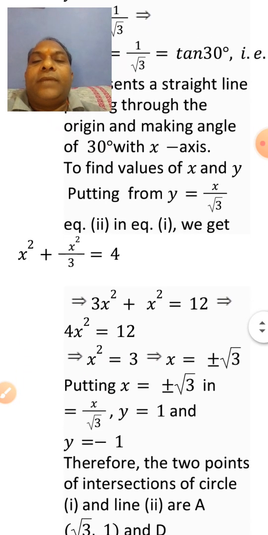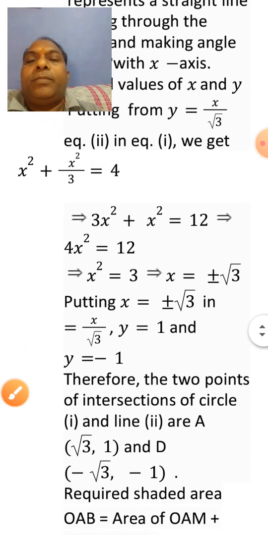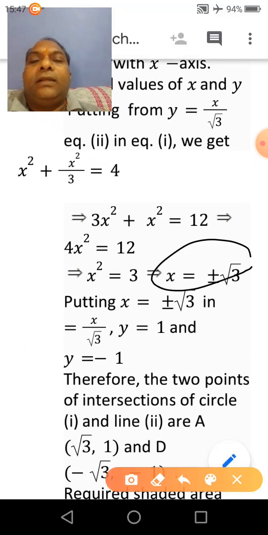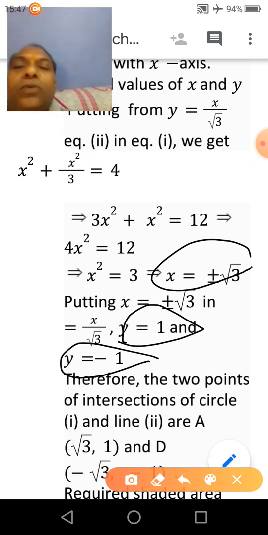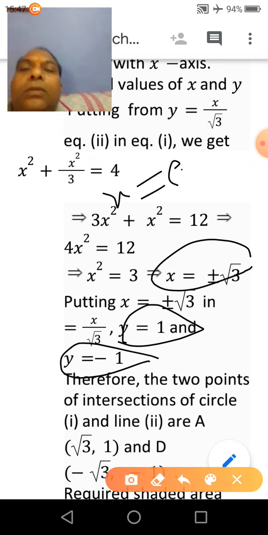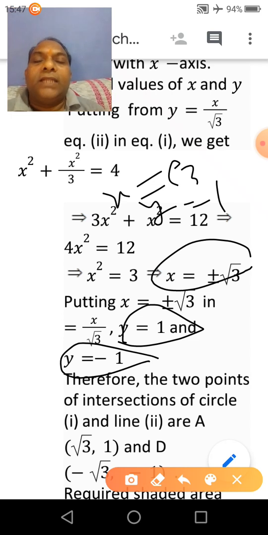You have x is equal to plus minus root 3 and y is equal to plus minus 1. So when x is equal to root 3, then y is equal to 1, and when x is equal to minus root 3, then y is equal to minus 1.